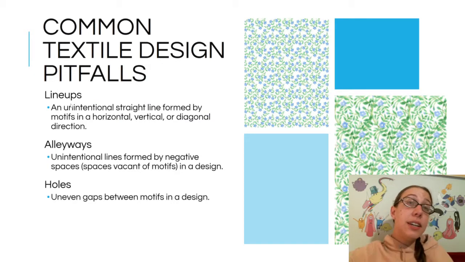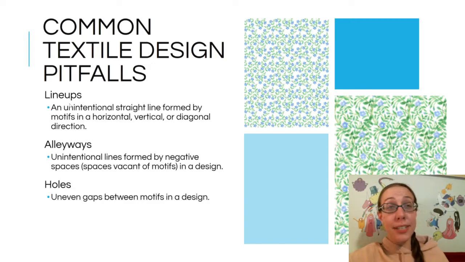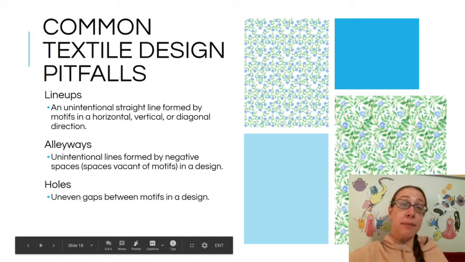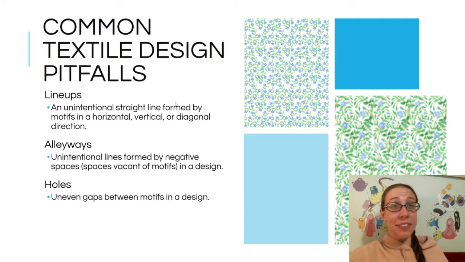So this is, I believe, the last slide, or one of the last slides: common textile design pitfalls. These are pretty subtle, the pitfalls that are happening in these designs, but they're the best examples I could find at the time that I made this PowerPoint.